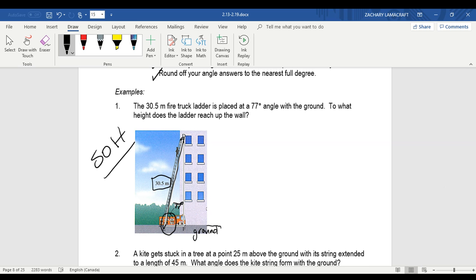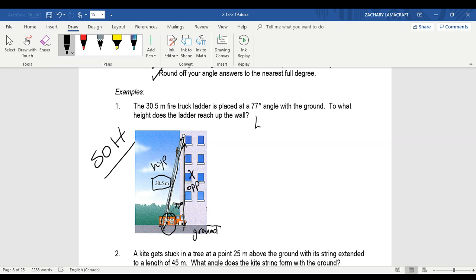But we want to find out how tall, so D to F, is our building. And we're going to make that X. So if we look at this angle in question, X is the opposite side, and the 30.5 is our hypotenuse. So in this case, once again, we will use SOH.